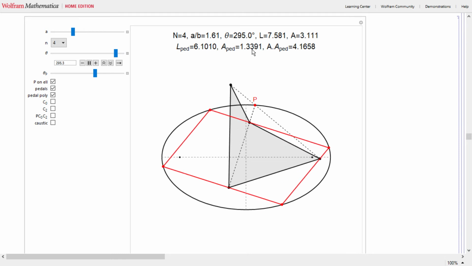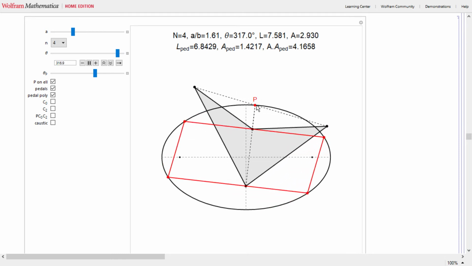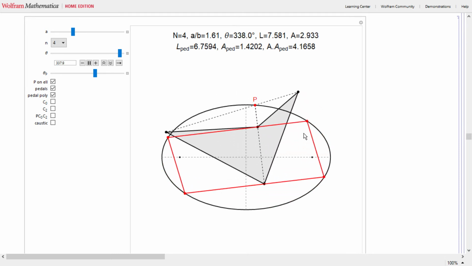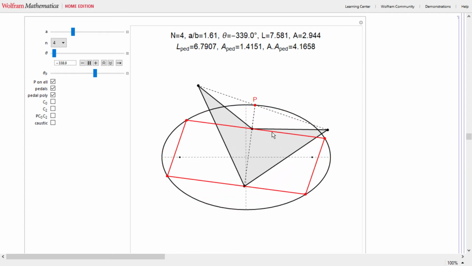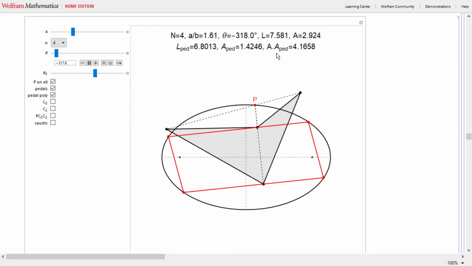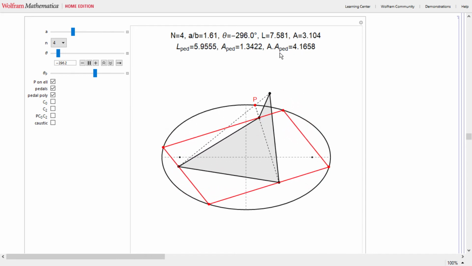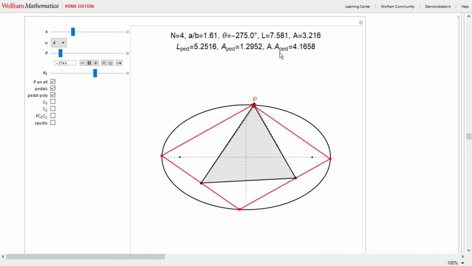However, the product of varying parallelogram area with varying pedal polygon area, this product is curiously invariant. So this is the first phenomenon.